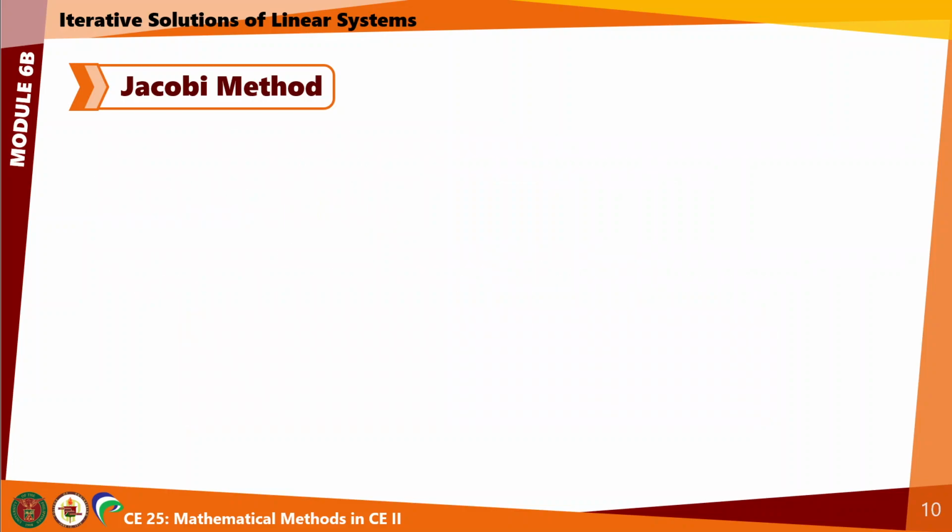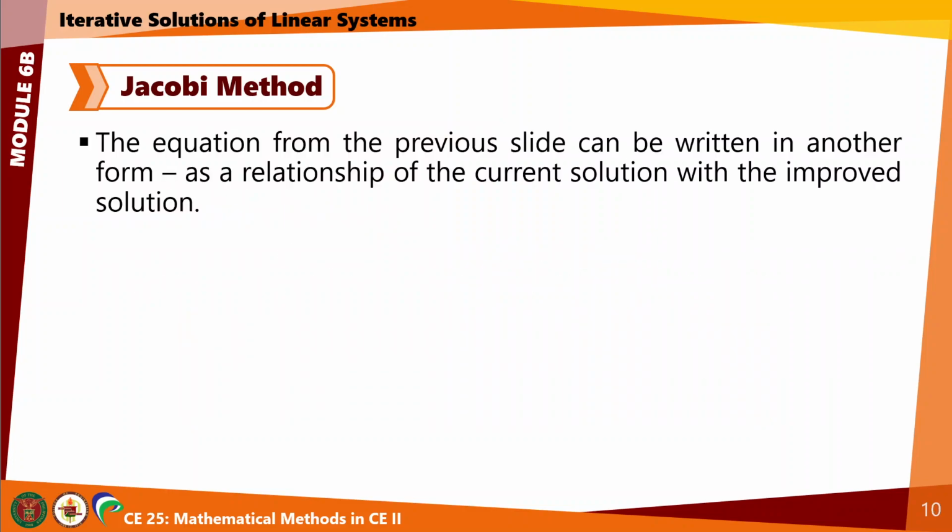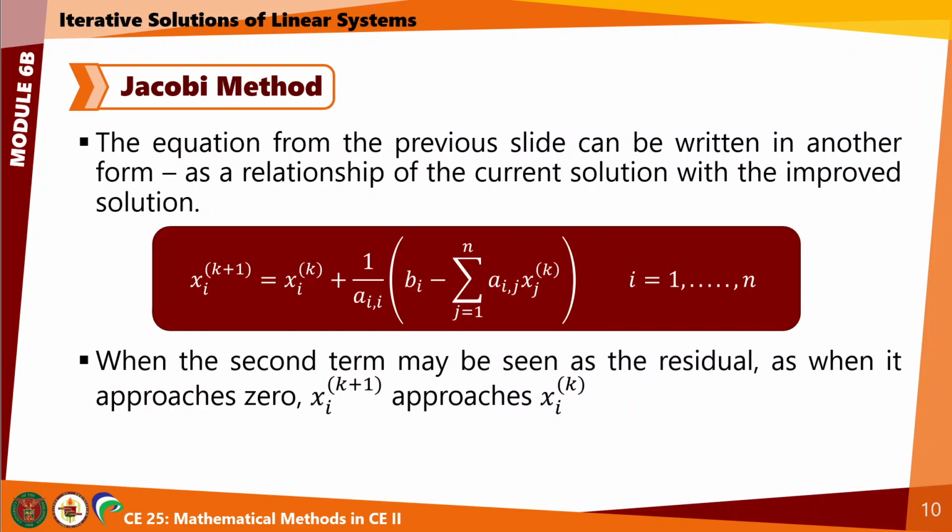Okay, and some books actually use this modified form ng ating Jacobi method. Okay, di ba? Wherein sinama niya na yung j equals I sa loob ng summation dito. Tapos may nilabas siya dito. Basically, ang nangyari lang dito, ginagawa niya lang relationship between yung current solution natin and yung previous solution. Diba?